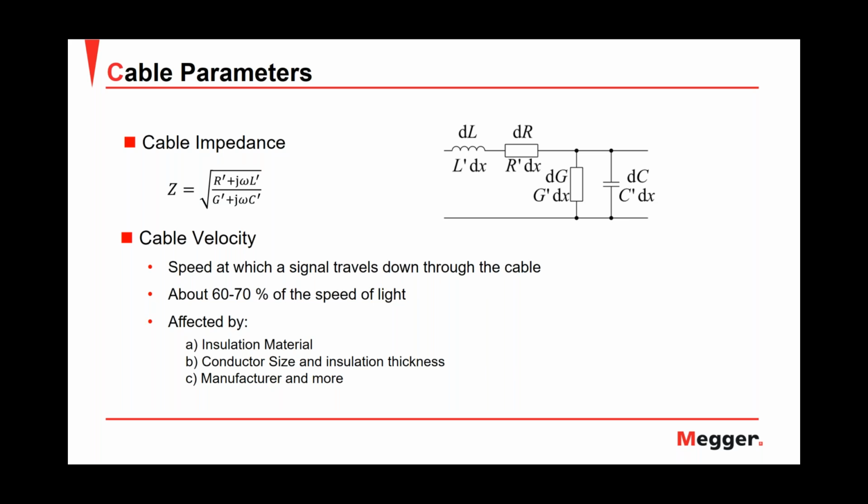But when the pulse goes into the cable, this velocity will slow down, and it will be between 60 and 70% of the speed of light. The cable velocity will be affected by the insulation material, the conductor size, and the insulation thickness, and also the manufacturer and other aspects can affect it.